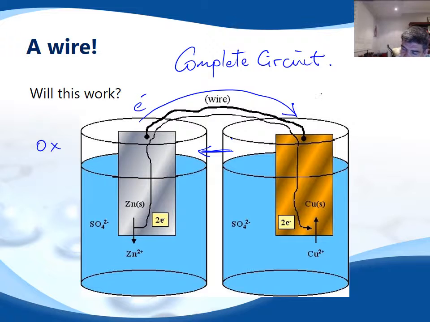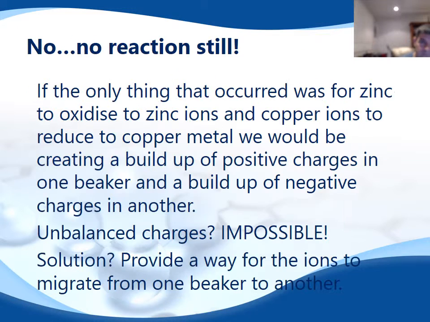Therefore, this is actually an incomplete circuit. And so the answer to the question of will this work is no, it won't. So still no reaction because we haven't completed our circuit yet.